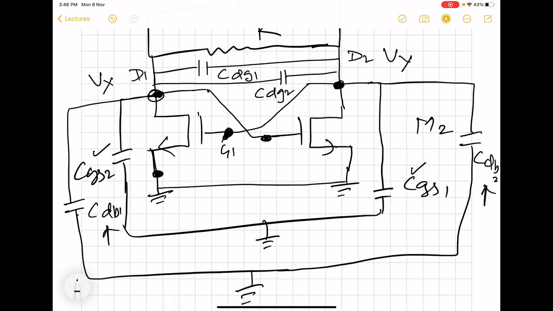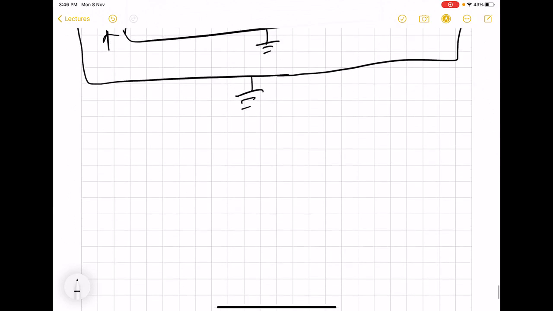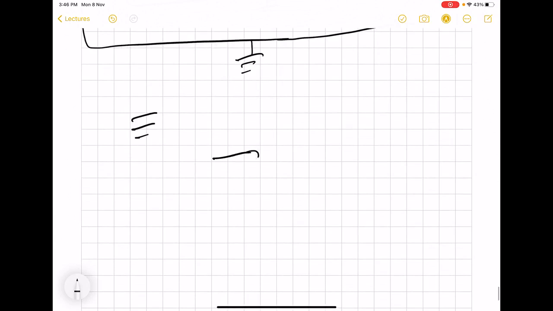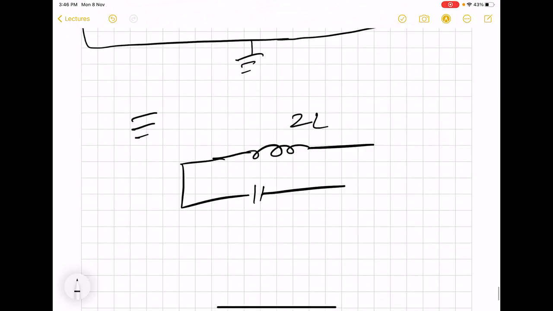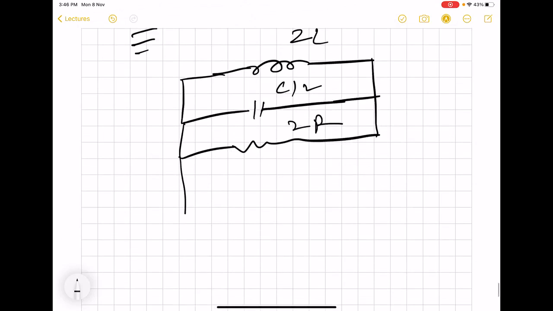So what we can now say is that there are going to be a number of additional parallel capacitors. So here we see that we have this scenario now, 2L, C by 2, 2R, and then we have various capacitors.